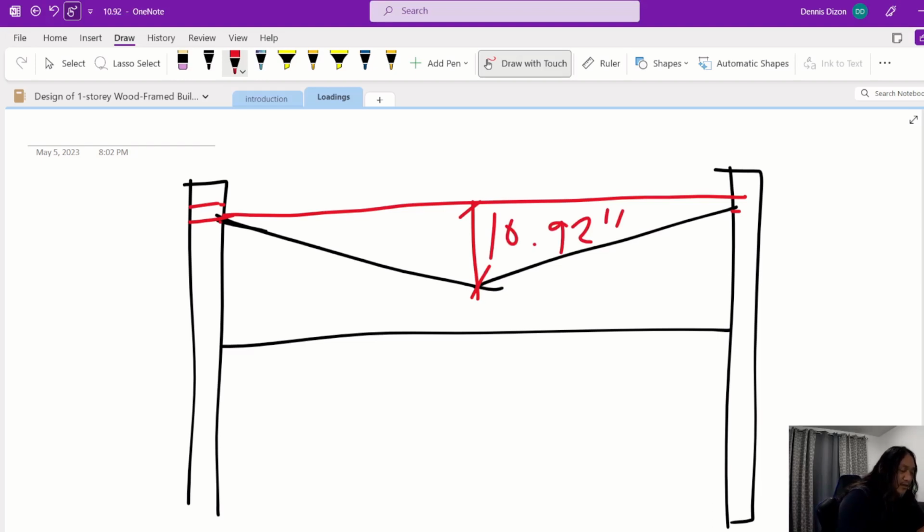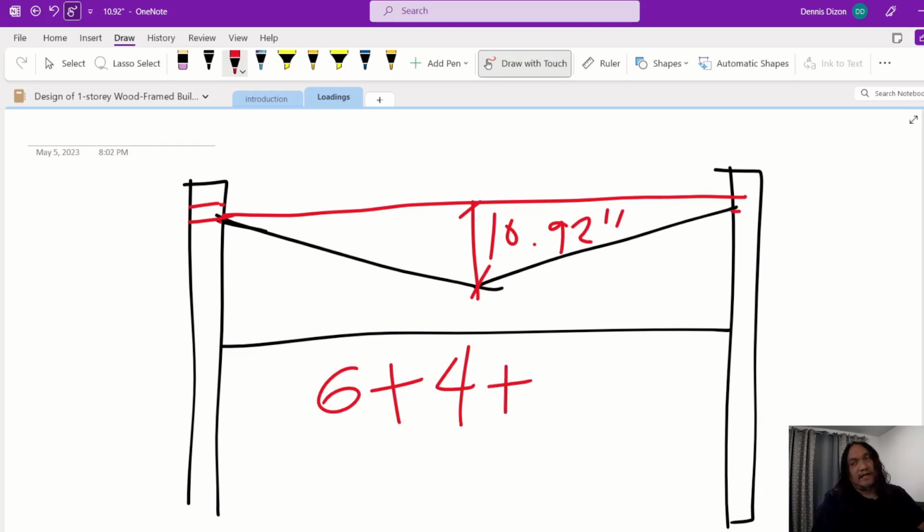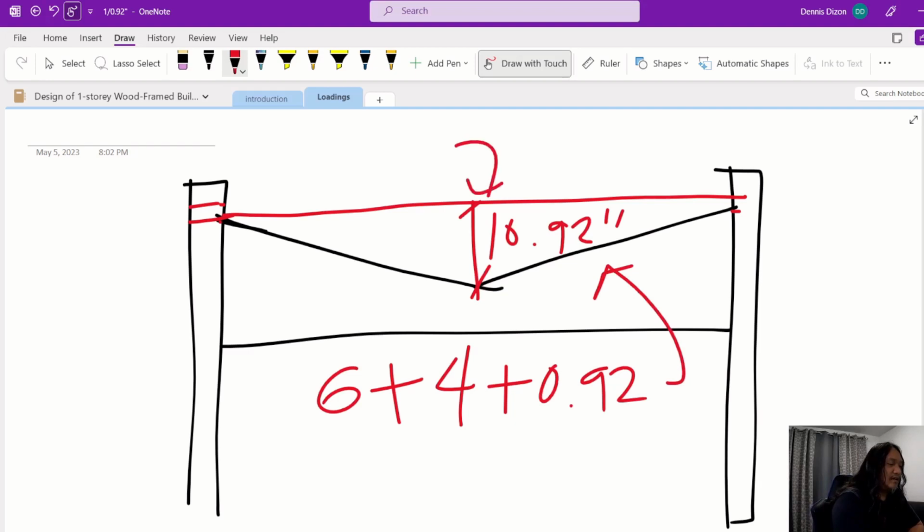So 10.92 is 6 for the difference in elevation, plus 4 inches for the possible maximum deflection of your truss, plus the extra height below the 30 millimeter surface tension height, which is 0.92. So that's why we have the height of 10.92.